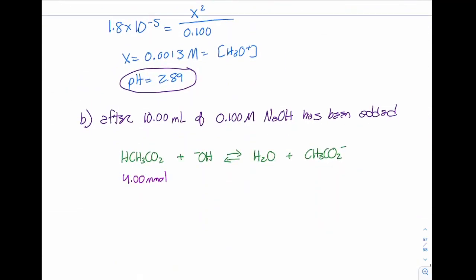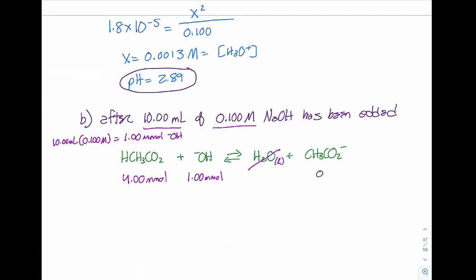I do need to know the number of millimoles of base that I've added, and you can do that calculation first if it's easier, but I have 10 milliliters of a 0.1 molar solution, so 10 milliliters multiplied by 0.100 millimoles per milliliter is going to give me 1.00 millimoles of OH minus, so that's the number that's going to go here. Water, it's a pure liquid. I don't have to worry about that. And then this is 0.